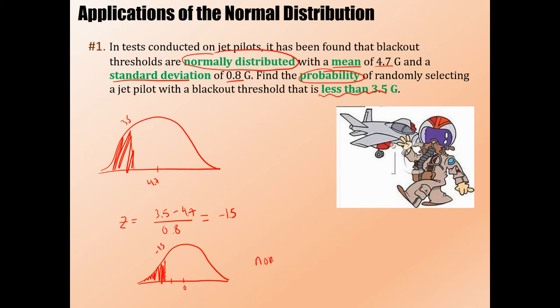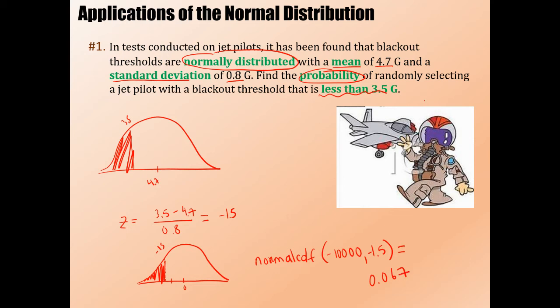Well, I can go into my calculator, normal CDF, my lower bound something extreme, to negative 1.5. When you do that, I get 0.067 approximately.